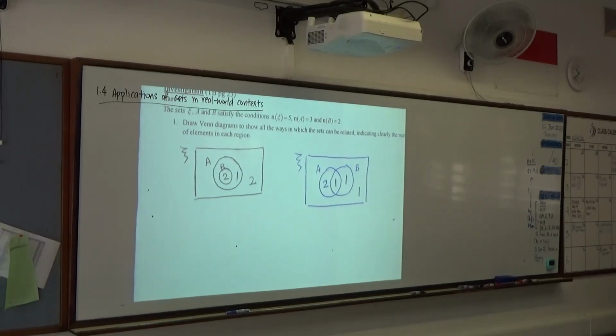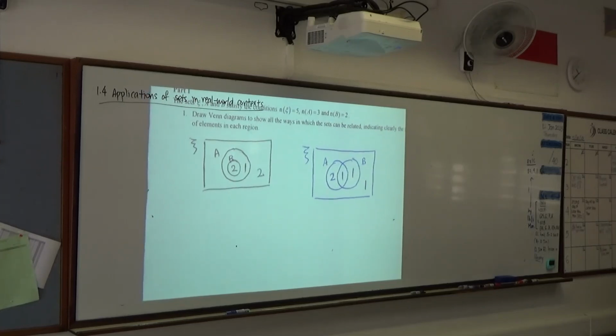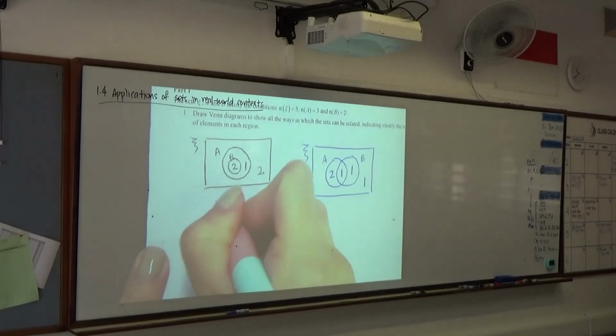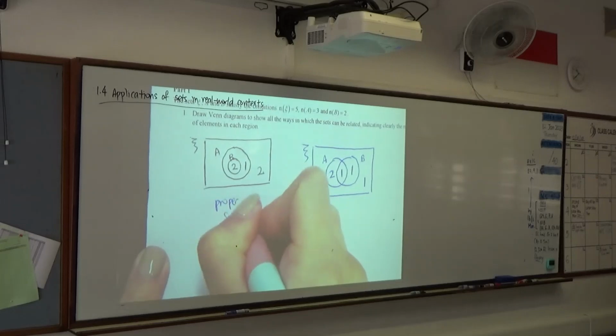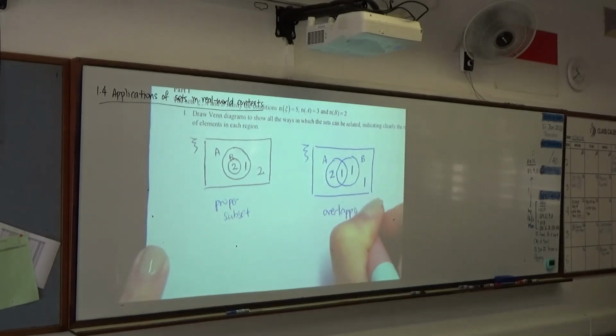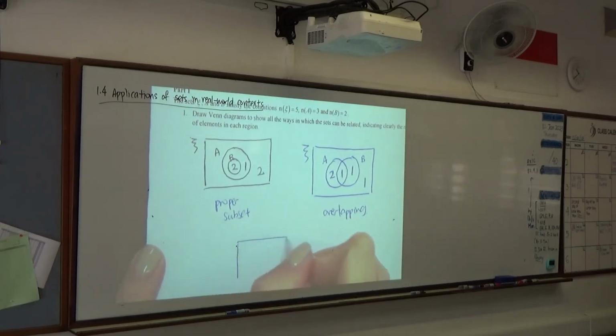And then next one. So we have the subsets, the proper subset version. This is the overlapping version. And then the final version that we could consider is maybe the disjoint one.